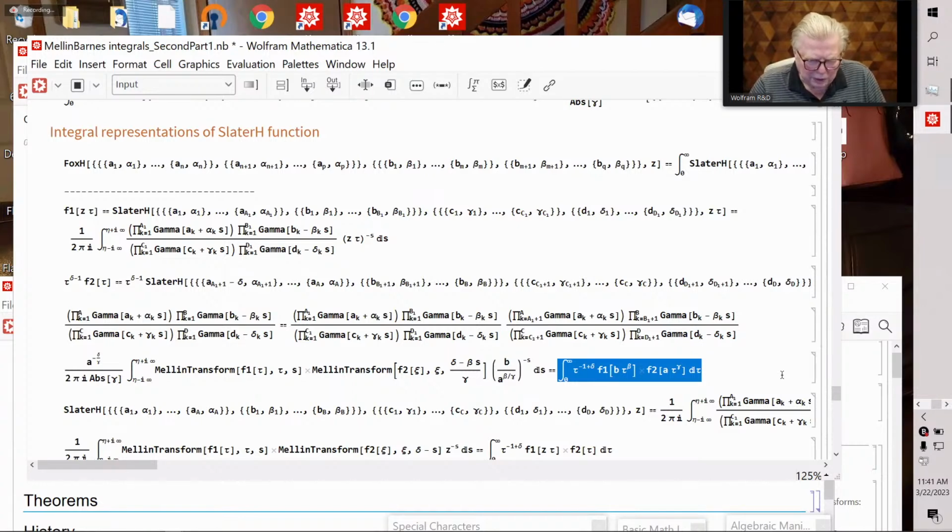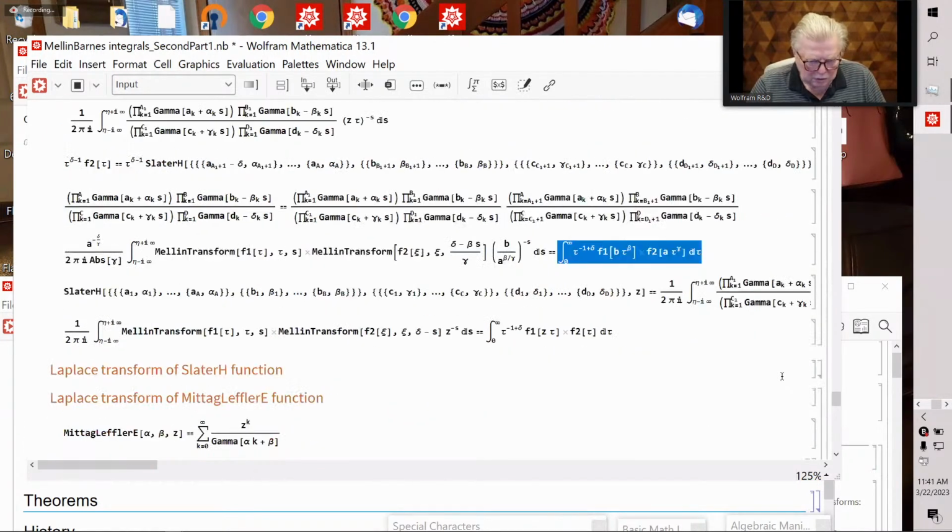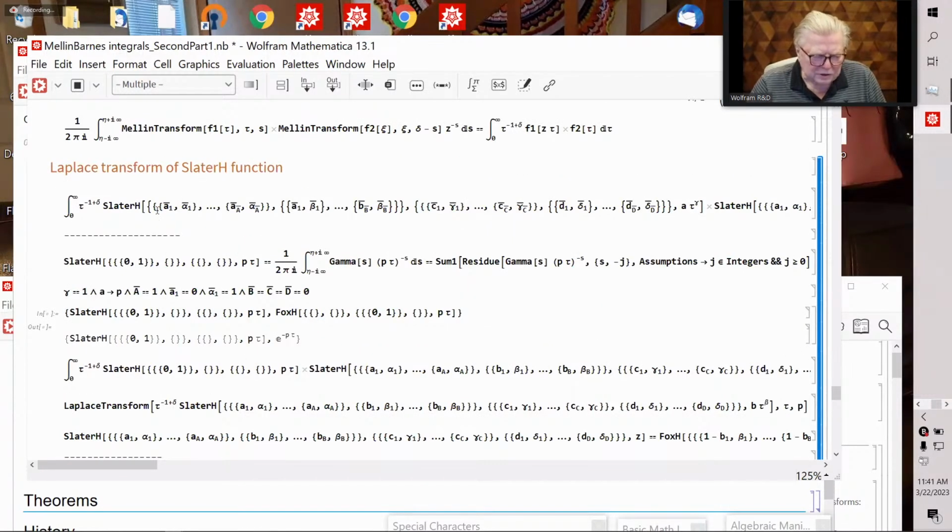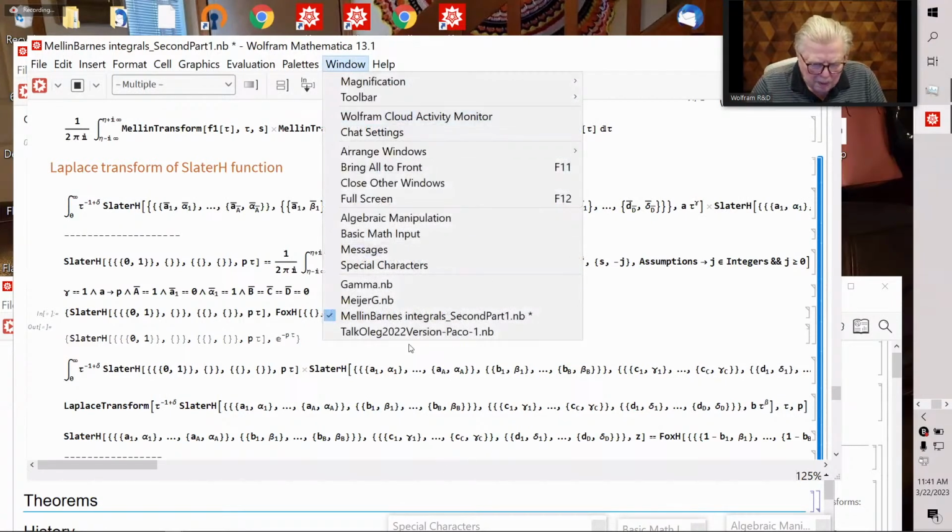So we can make a lot of integral representations for SlaterH function. It's interesting to evaluate Laplace transform and other integral transforms using these ideas and technology.